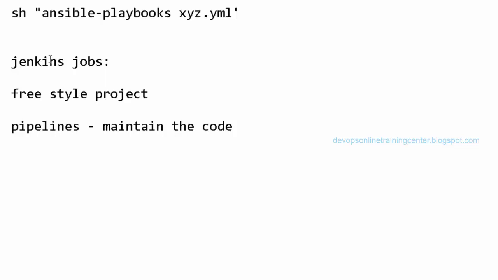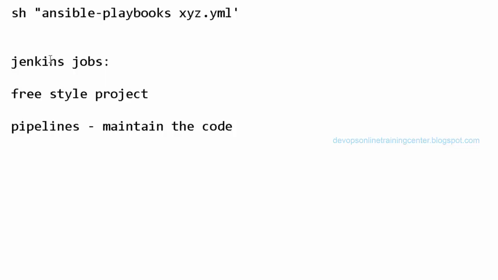and that code can be versioned. We can store the code in the repository, and we can maintain it. We can modify it accordingly as per the requirement. So that way pipelines will be useful. Okay, so basically we have to install the plugins, but later on we can code everything in one place instead of going back and forth in different windows, right? Yes, so it's all in one place.